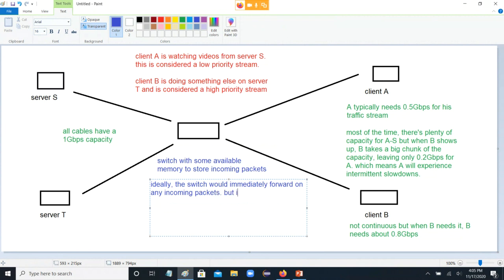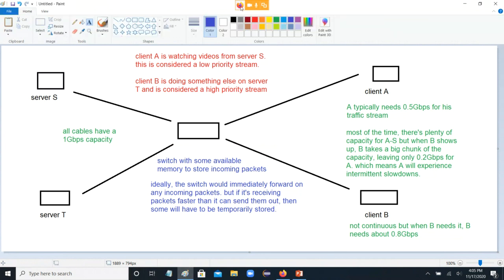Okay, but if it's receiving packets faster than it can send them out, then some will have to be temporarily stored. Okay, so example here, suppose A is running two applications.